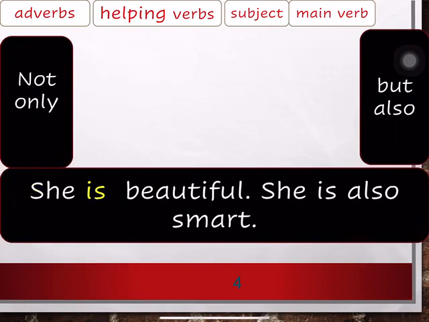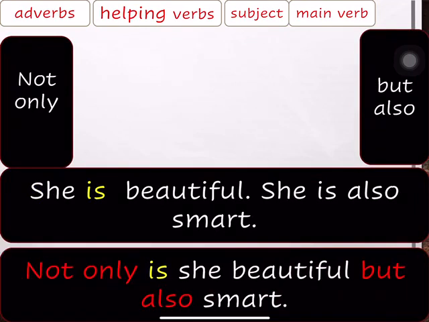She is also smart. I want to start the sentence with not only. I will join these two sentences using not only. Of course, I will use, excuse me, of course, I will use but also in the middle, but when I start with not only, we will have some changes. So, look carefully.